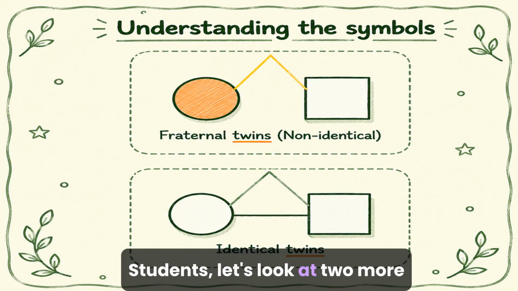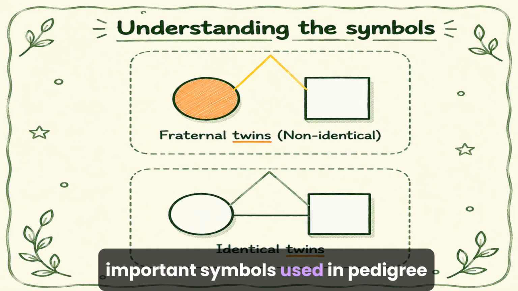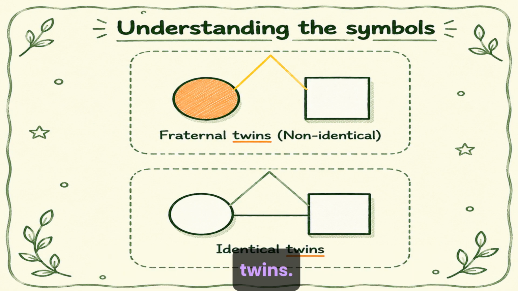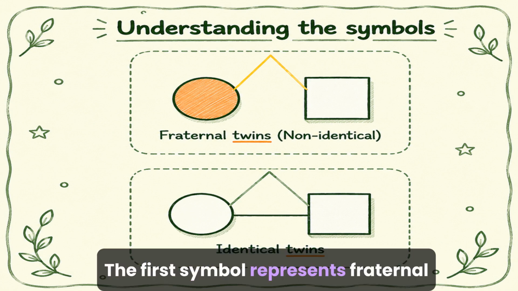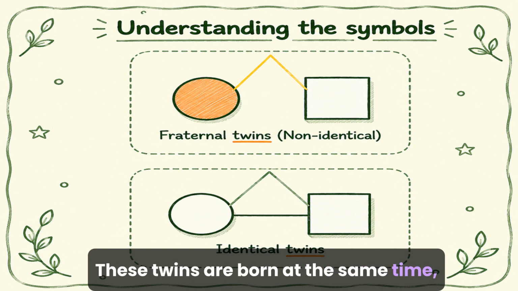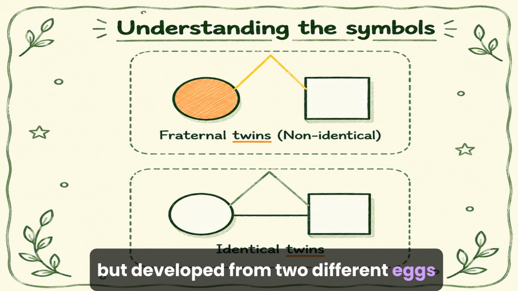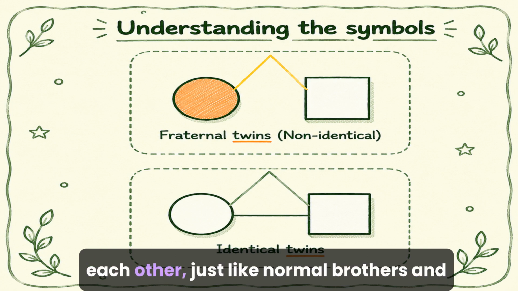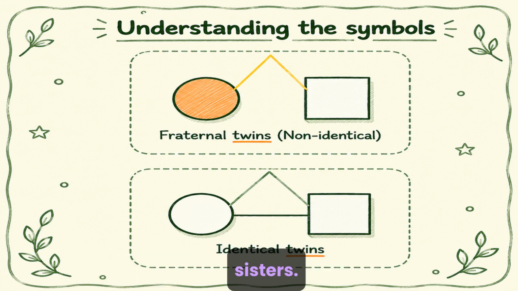Students, let's look at two more important symbols used in pedigree analysis: fraternal twins and identical twins. The first symbol represents fraternal twins, also known as non-identical twins. These twins are born at the same time but develop from two different eggs and two different sperms, so they are genetically different from each other, just like normal brothers and sisters.